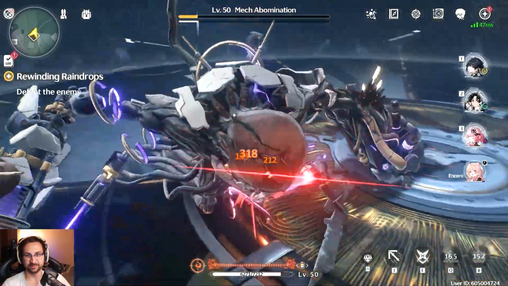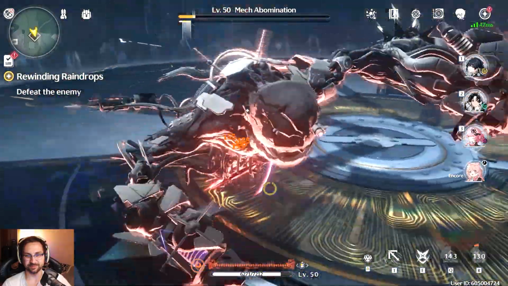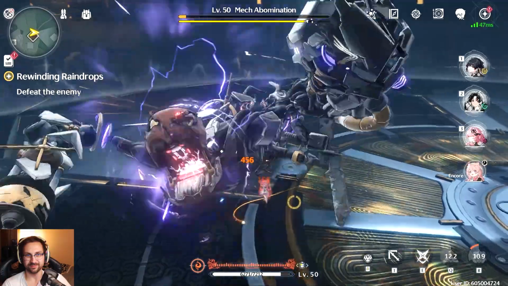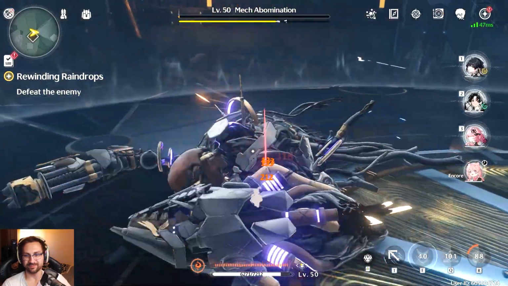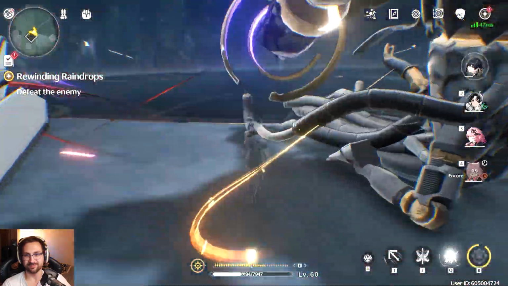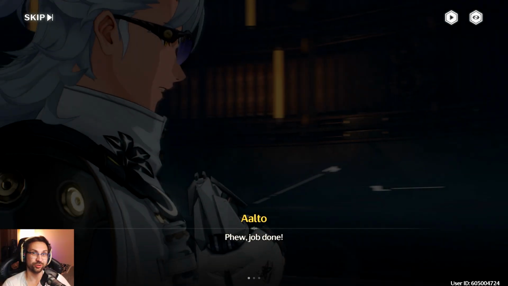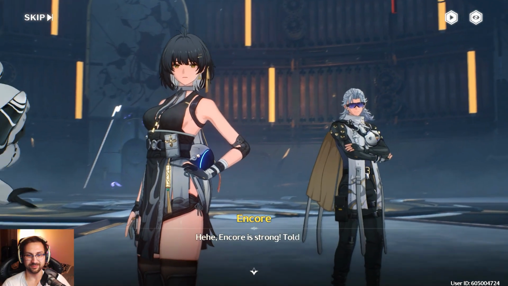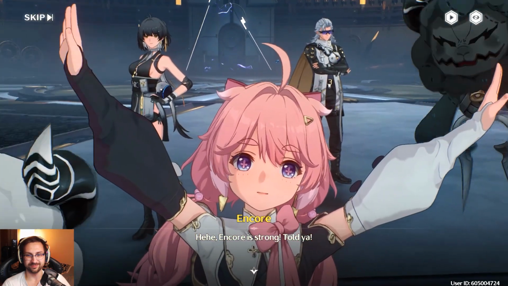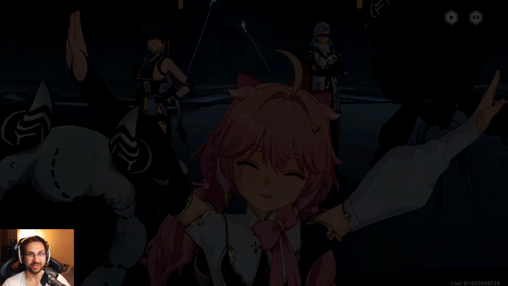Wait, into Woolly's belly you go! Here comes Encore! I sense your weakness. Okay, that wasn't a challenge. Phew! Job done. Encore is strong! Told ya! That wasn't a challenge at all.